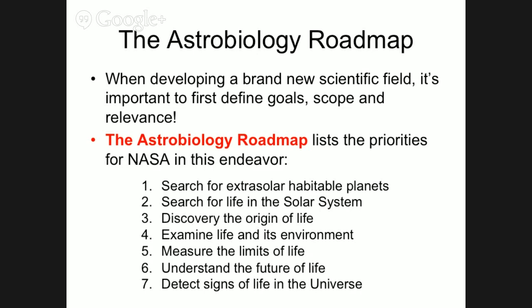Many of you probably know that we're going through a great experiment right now where we are releasing lots of carbon to the atmosphere. We're going to see what happens. There you go. Measuring the limits of life: what are the extremities of extremophiles? We'll talk a little about that. Understanding the future of life here on Earth and elsewhere. And then detecting signs of life, not just in the solar system, but throughout the universe.